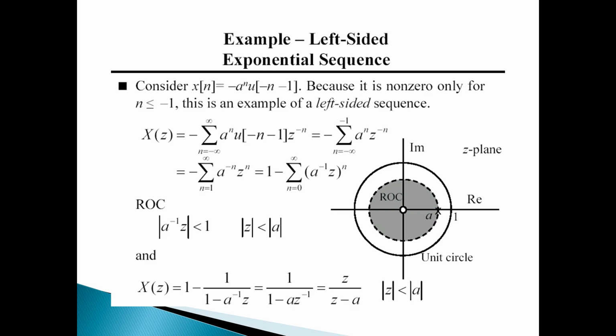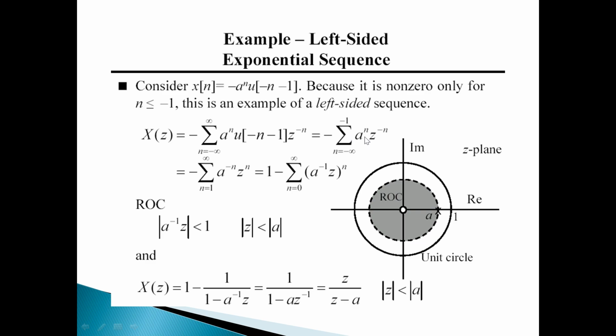If we take the Z transform of it, X(z) equal to summation n equal to minus infinity to infinity of minus a power n u[minus n minus 1] z to the power of minus n. This complete thing is x[n]. Now, if we substitute this inside the summation, you will see the limit changes from n equal to minus infinity to minus 1.